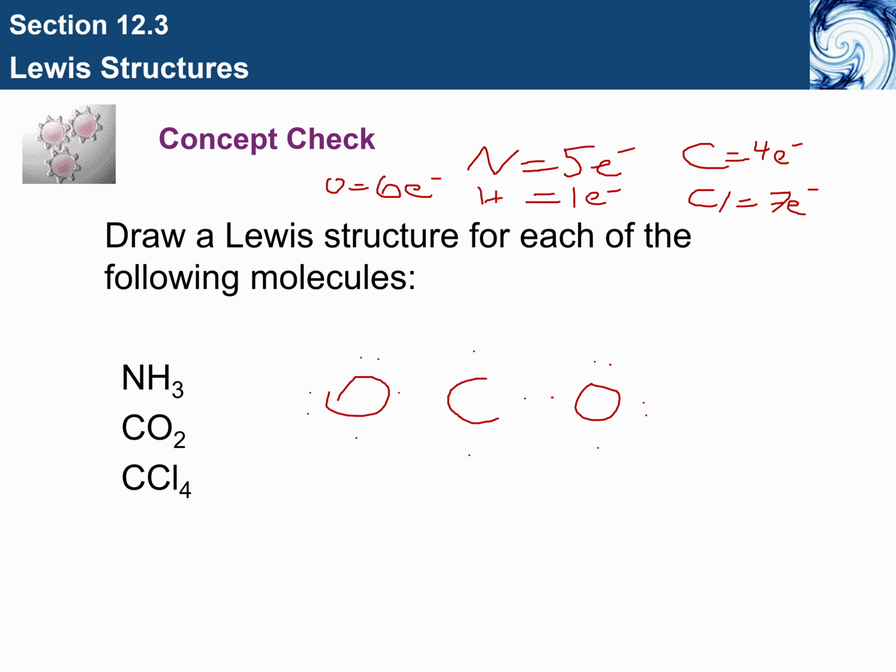So if I look at, and I'm going to use the highlighter here, if I look at this electron on each of my oxygens, and I look like I erased an electron, so I don't want to do that. You'll notice that I have corresponding electrons that are available on my carbon.